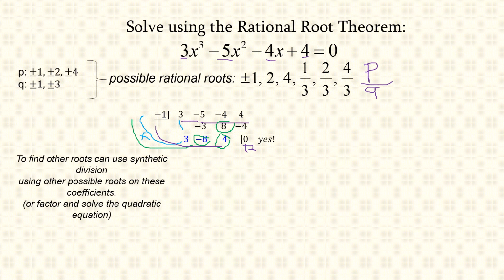So, we have here to find other roots, you can use the synthetic division using other possible roots on this coefficient or factor and solve the equation or quadratic equation. So, unahin muna natin yung using synthetic division. So, ito kasi kapag sinulat natin siya as reduced equation, ang magiging reduced equation natin ay we have yung 3, sulat lang natin, lagyan natin ng x, then magmaminus tayo sa ating highest exponent na 3, so magiging 2.